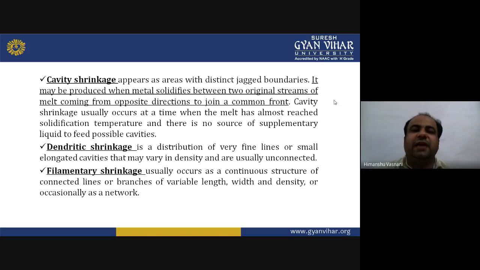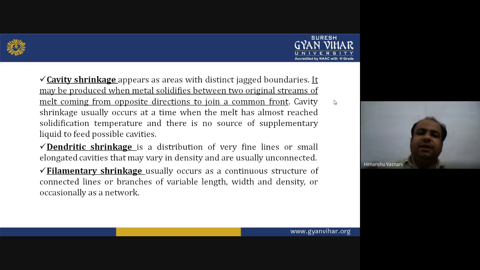Cavity shrinkage usually occurs at a time when the melt has almost reached the solidification temperature, the temperature at which solidification will start, and there is no source of supplementary liquid to feed possible cavities. So this may lead to cavity shrinkage.